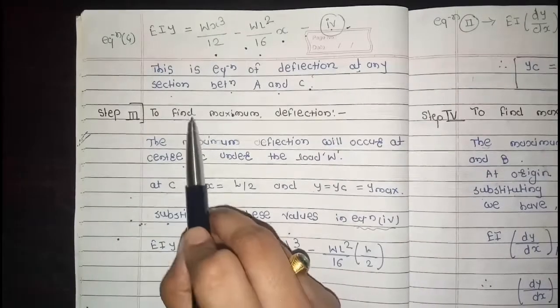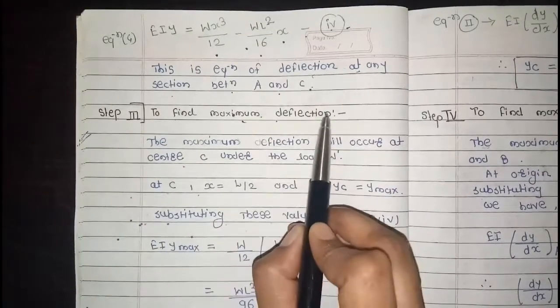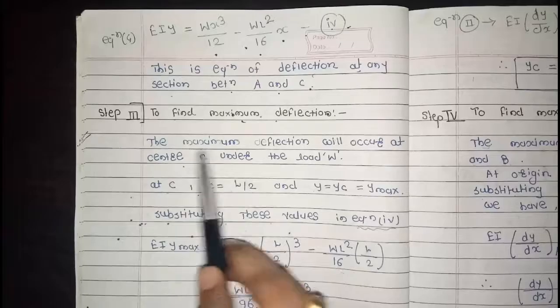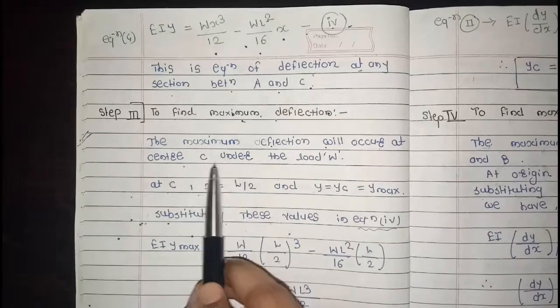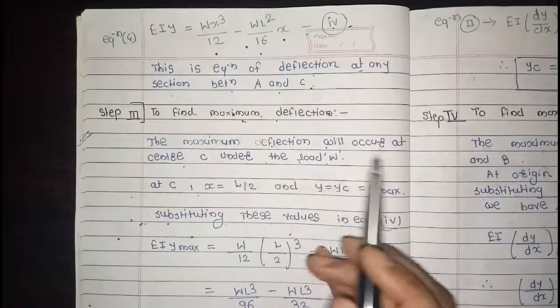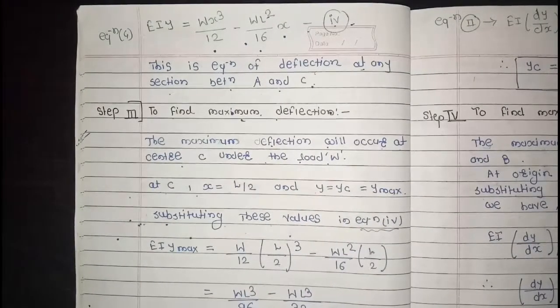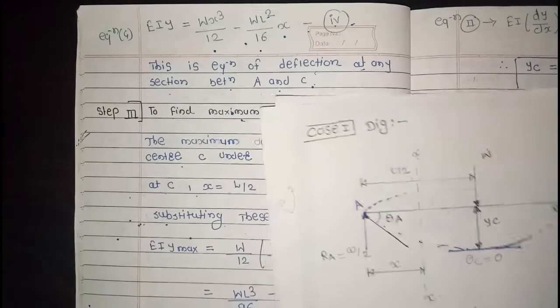So step 3, to find maximum deflection. The maximum deflection will occur at center C under the load W. See this diagram.